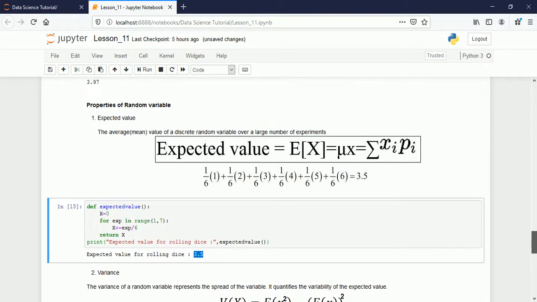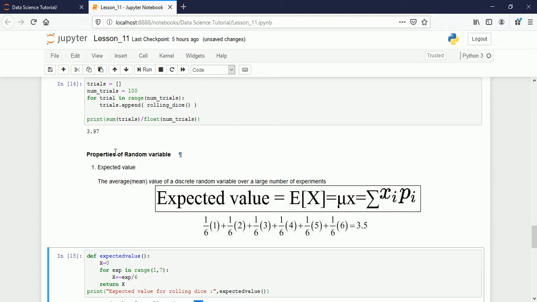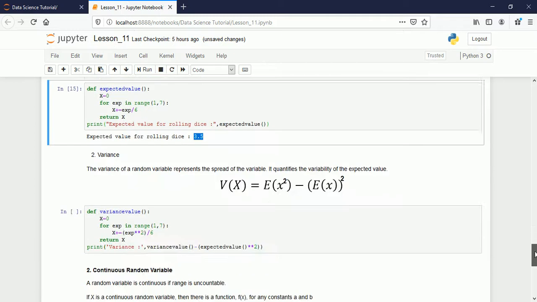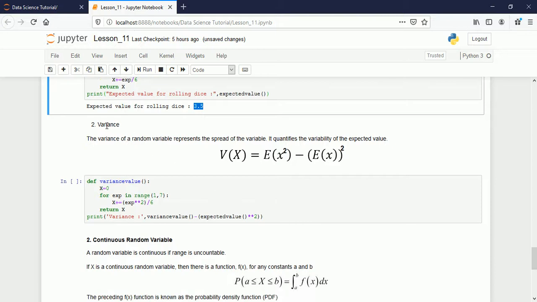The next important thing is under the properties of random variables. First we talked about expected value, and then we have variance. So what is variance? Variance indicates how much the numbers are spread out from each other. The variance of a random variable represents the spread of the variable.